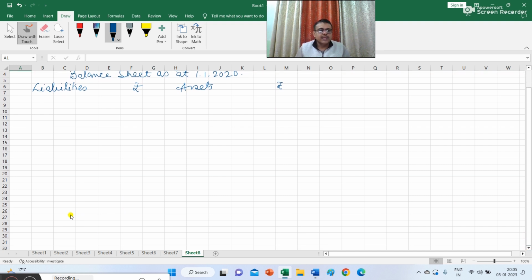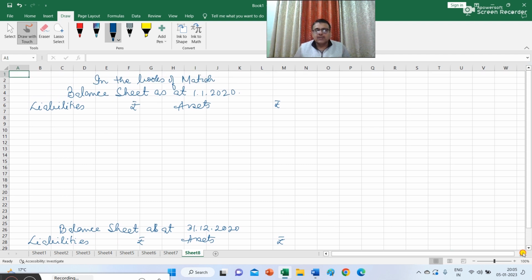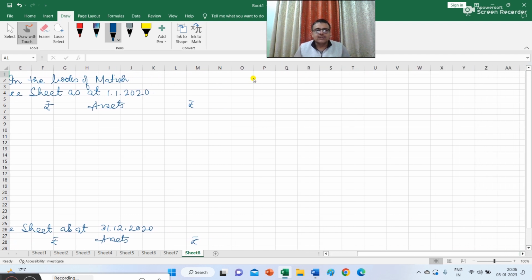Then I have to prepare the closing balance sheet. So here I am writing the balance sheet as at 31st December 2020. Liabilities, rupees, assets, rupees. Beside this, I have to prepare the trading and profit and loss account.